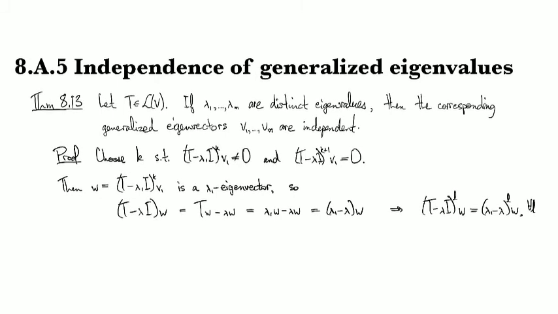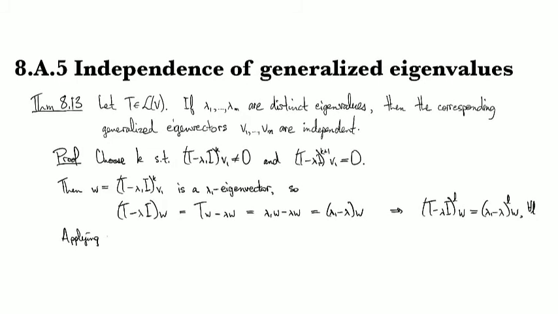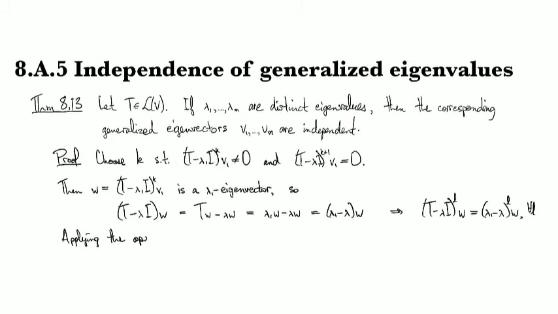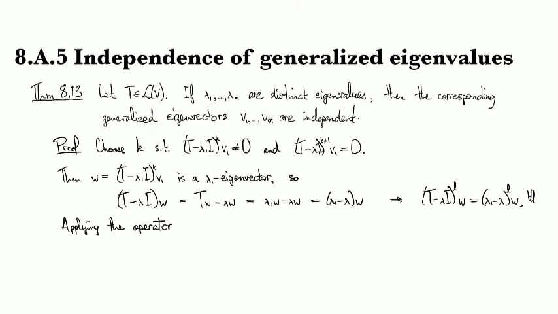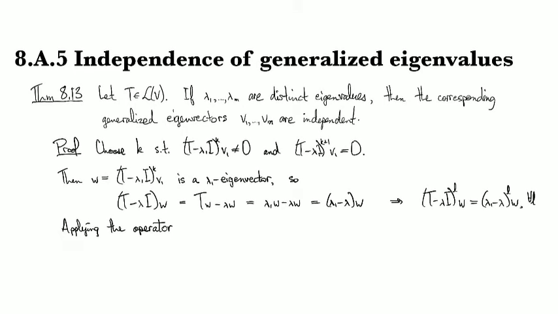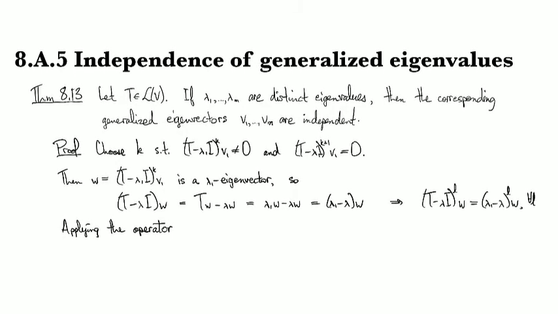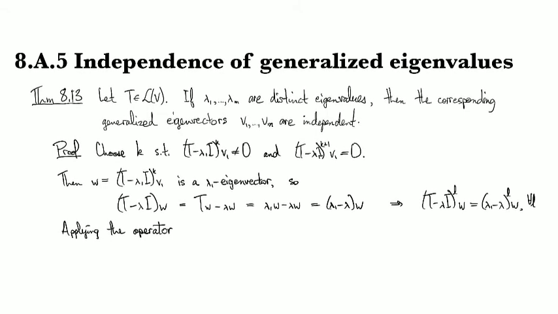All right, so now we're going to apply the operator. By the way, maybe you've seen in a differential equations class something called the method of annihilators, and maybe something seems familiar to you when you're looking at this. If you haven't seen the method of annihilators, don't worry about it.